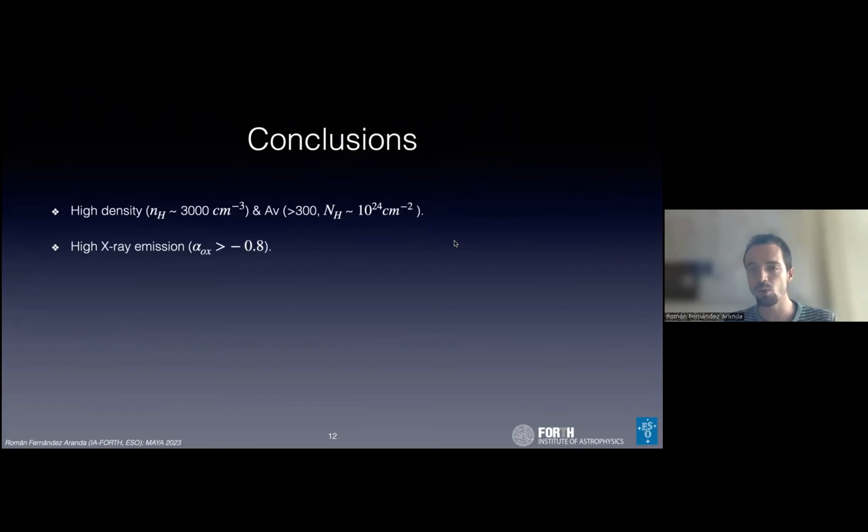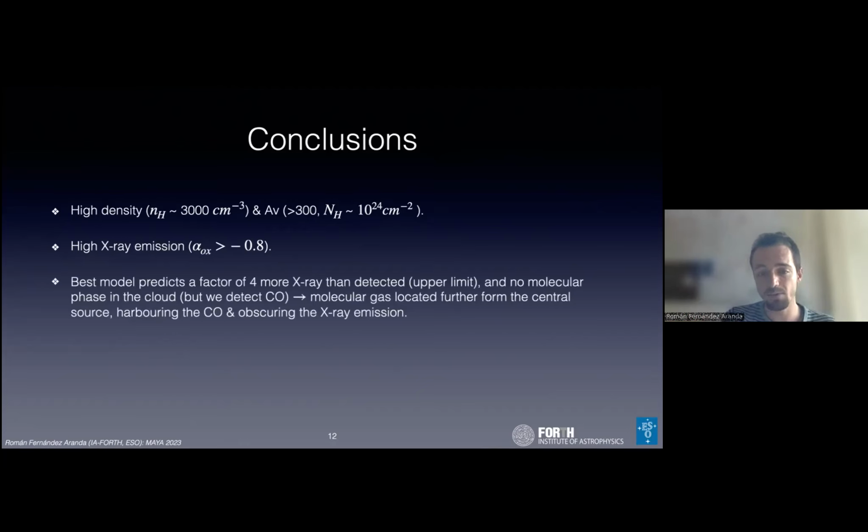Taking into account that we're trying to model a whole galaxy, more than 8 kiloparsecs, with one cloud of gas, our interpretation is this: we need X-ray emission but we don't see it, and we don't predict CO but we are observing it, because we are modeling one of the phases of the gas of the galaxy, but we have another phase that we are not able to model. It's where the molecular gas is located, further from the central source.